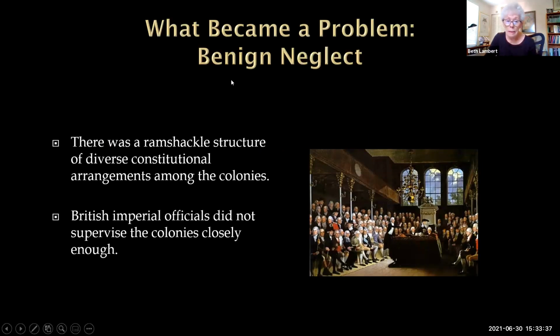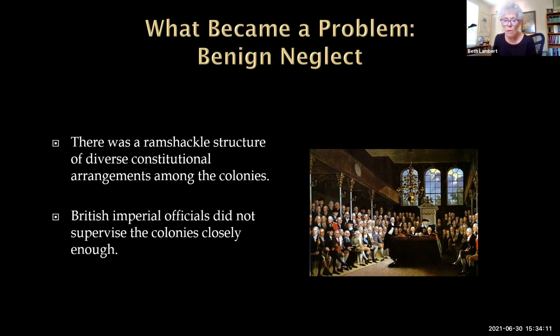Benign neglect. There was a ramshackle structure of diverse constitutional arrangements among the colonies. Every colony, as I gave you two examples, Massachusetts and Virginia. And what was one law in one colony was another law in another. For example, if you went from Massachusetts and settled in Pennsylvania, you had been married in Massachusetts, Pennsylvania didn't recognize that marriage, and so you had to remarry.